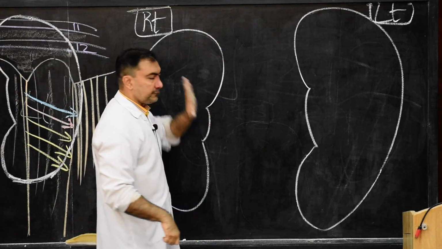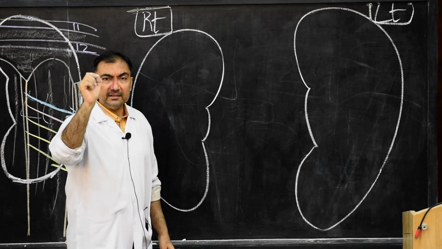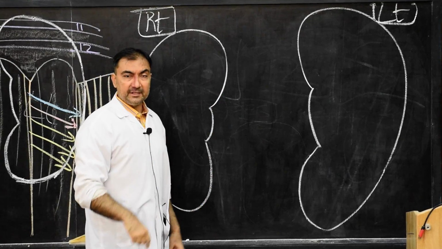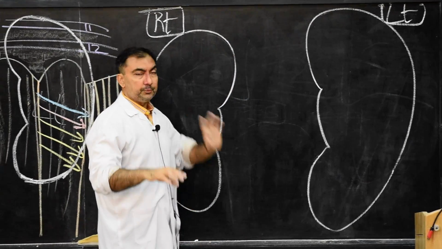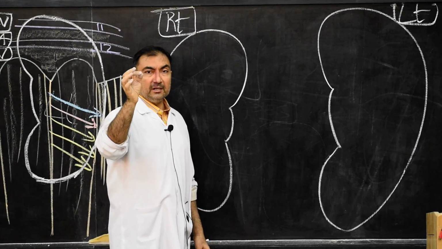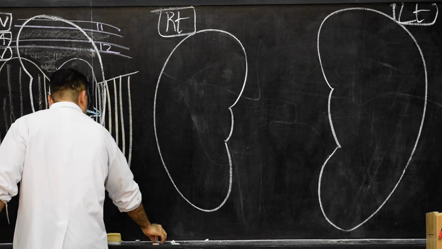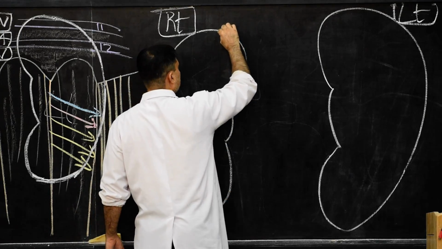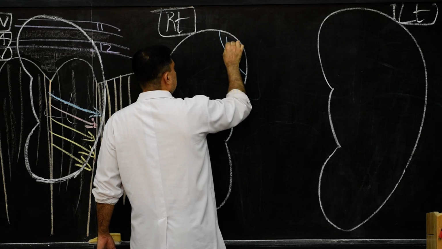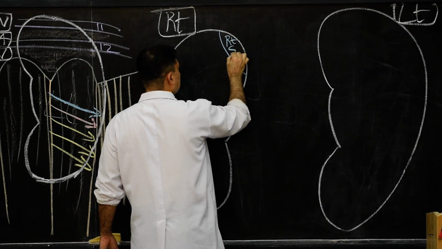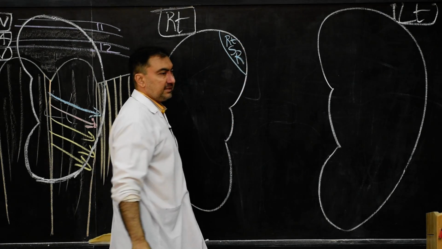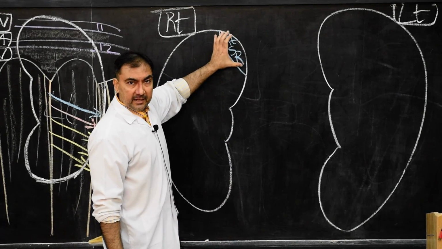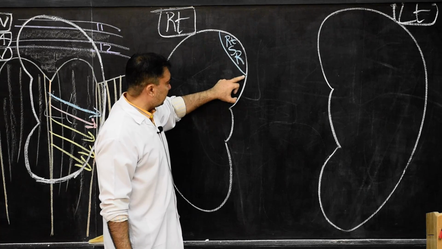Now anterior surface of the right kidney, it has totally 5 impressions. Remember 5 impressions for anterior surface of the right kidney. We start with the suprarenal gland, right suprarenal gland. We will take the use of all the colors. So here we show this as the right suprarenal impression present on the medial side of upper end and extending at the upper part of the medial border.